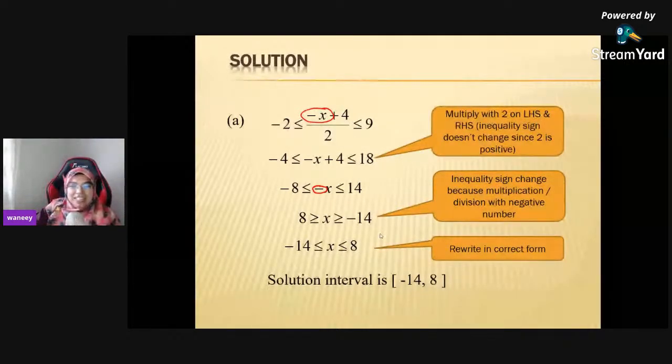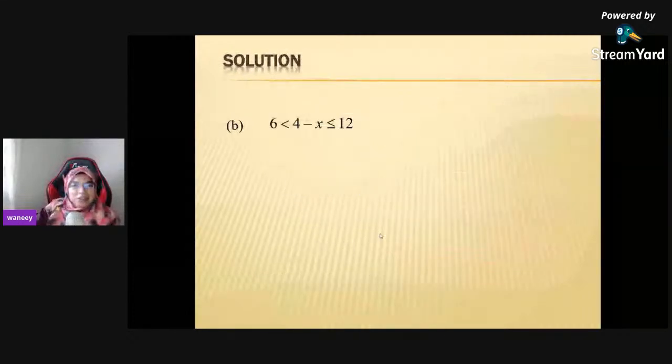Okay, so now another question for you. So we have 6 less than 4 minus x less than or equal to 12. So now again, I'm going to give you 1 minute for you to try them, and then let's see if you can get the correct answer.